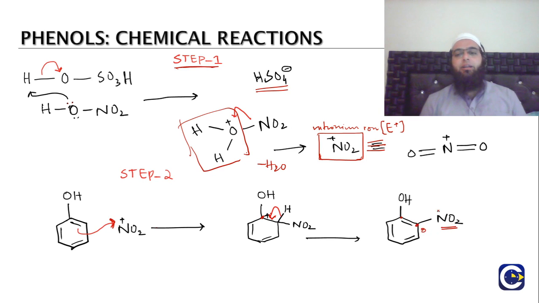In this step we'll also get the H positive, the proton, which will react with the HSO4 negative and give H2SO4. So this H2SO4 acted as the catalyst in the reaction, and it was obtained back. Here the substitution took place at the ortho position.